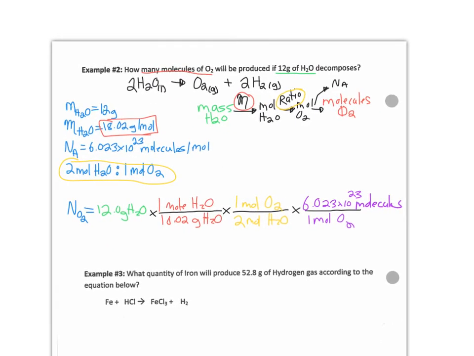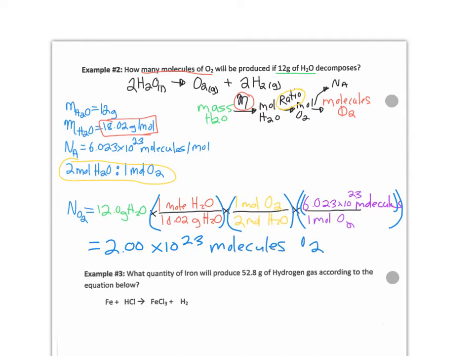Now you take this and punch it into your calculator, but you have to use brackets. You need to put a bracket here, a bracket here, and you might want to consider a double bracket here. You punch this into your calculator and you get 2.00 times 10 to the 23 molecules of O2, and therefore you write your therefore statement.